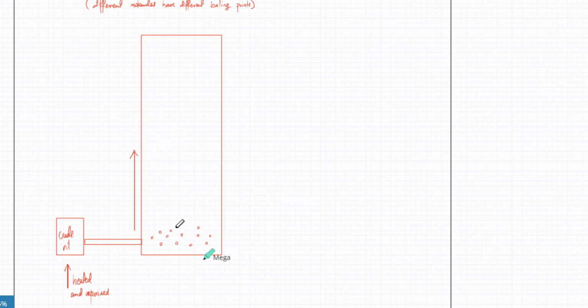At the bottom there are very high temperatures, and as you reach the top, the vapor cools down and the temperatures are lower. So the vapor rises and it cools down.